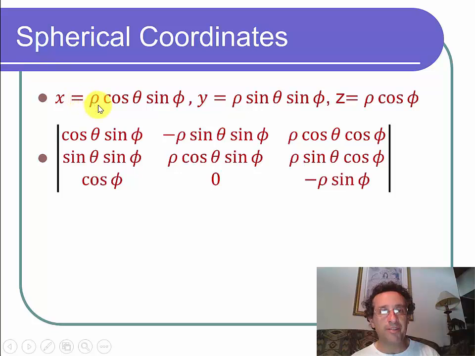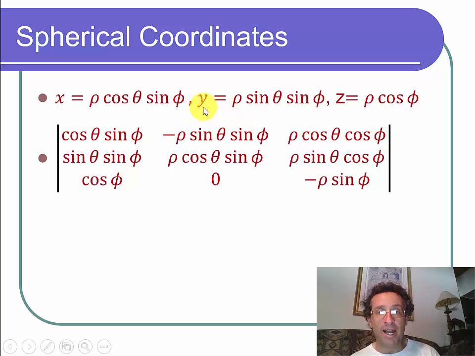We take the partial derivative of x with respect to rho, and I get cosine theta sine phi. The partial derivative of x with respect to theta, the derivative of cosine theta, is negative sine theta, and I still have rho sine phi. And the partial derivative of x with respect to phi is rho cosine theta cosine phi. The partial derivative of y with respect to rho is just sine theta sine phi.